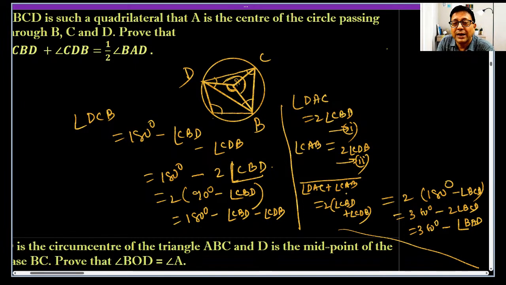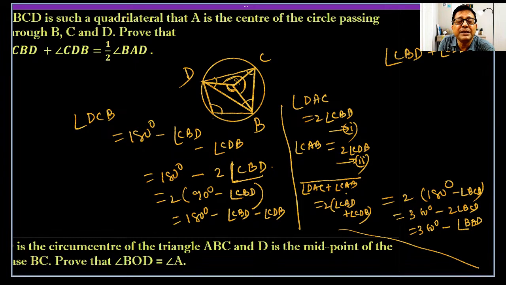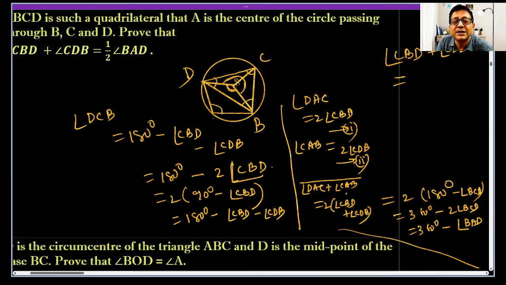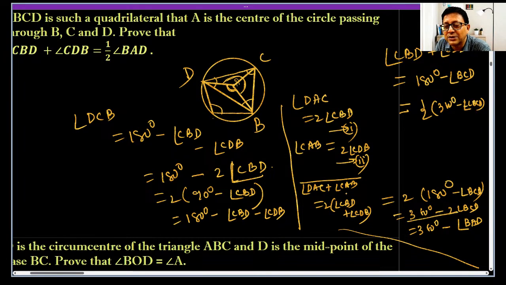So the sum of those two, angle CBD plus angle CDB, is 180 minus BCD, which is going to be half into 360 minus twice BCD. And we have proved that 360 minus twice BCD is equal to that sum. So this is half into angle BAD. Isn't it? Clear? So CBD plus CDB is half into BAD.